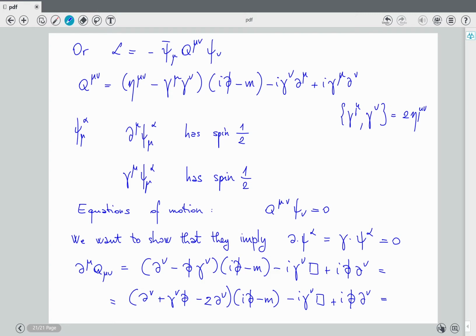Now, what can we do now? It's convenient to isolate the mass term, which will be the only one which will survive, although it's not straightforward to see that the rest cancels out. So we isolate the mass term and then we write the other ones.